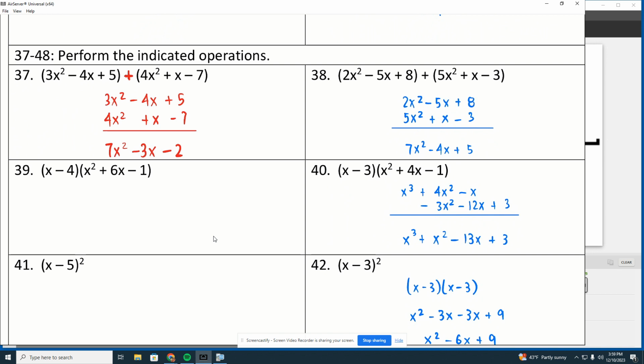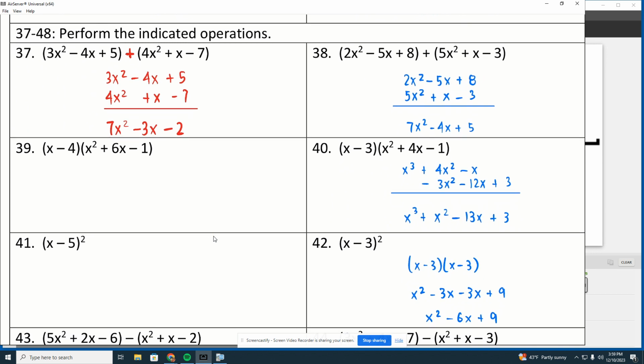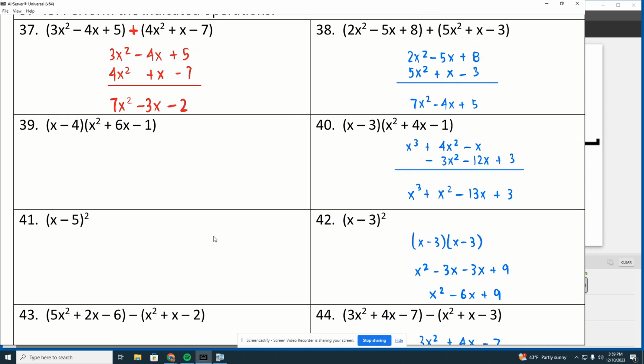And that one's done. This one I'm going to multiply, going to distribute. So I'm going to start here. X times x squared, x cubed. X times 6x, 6x squared. X times negative 1, negative x. Then I'm going to distribute negative 4 times x squared.